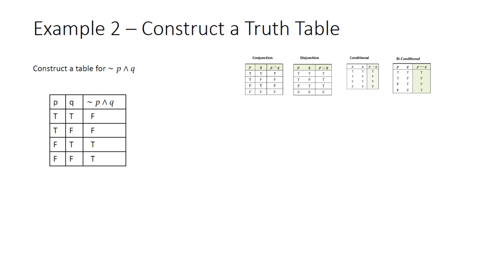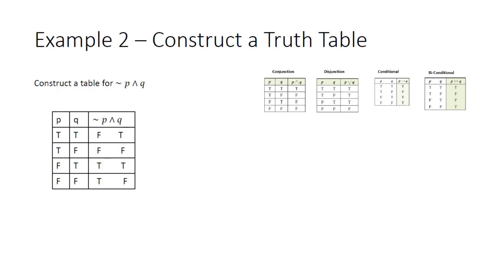So I start by filling out those values. Next, I do Q. Since there's no negation, I just copy exactly the same values for Q: true, false, true, false, from top to bottom. Whatever Q has, I input the same values, in exactly the same order.